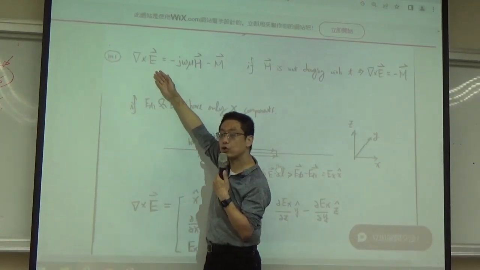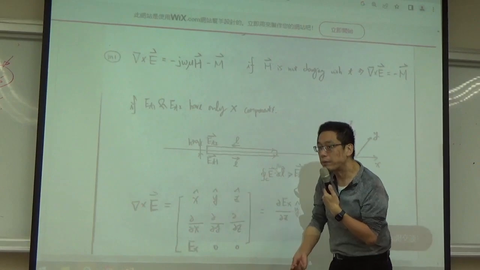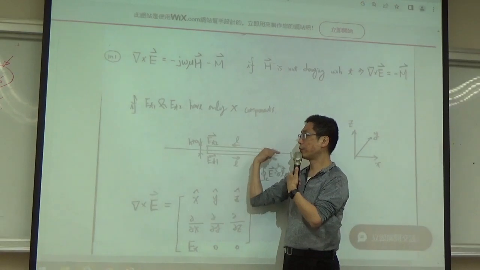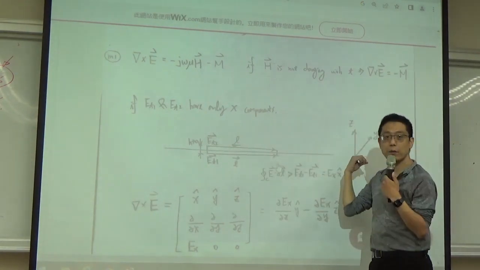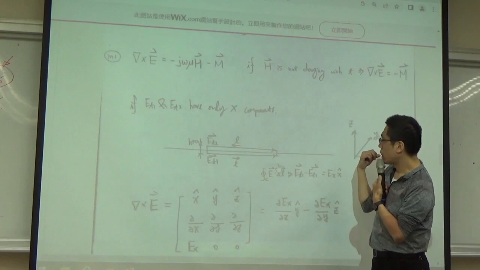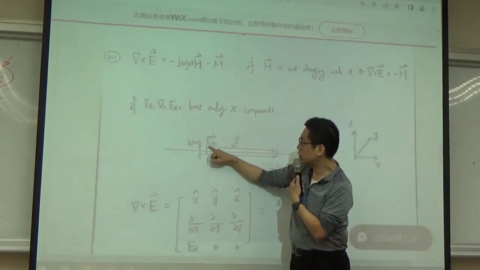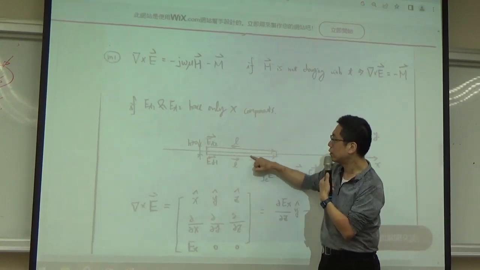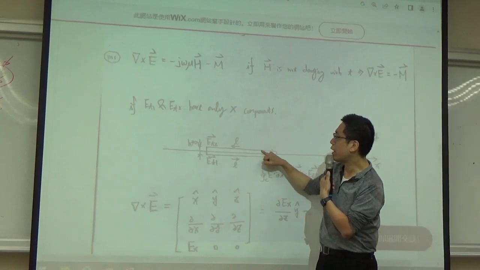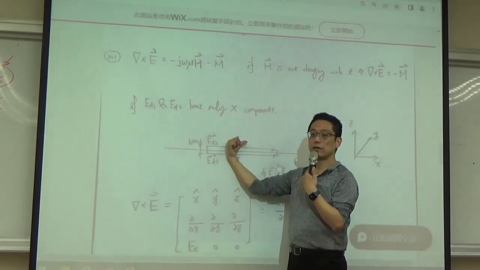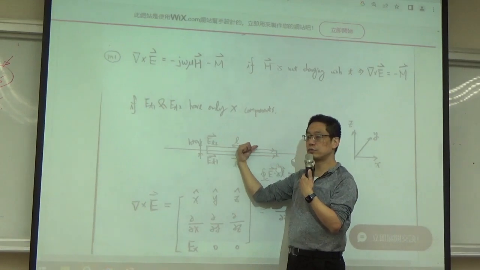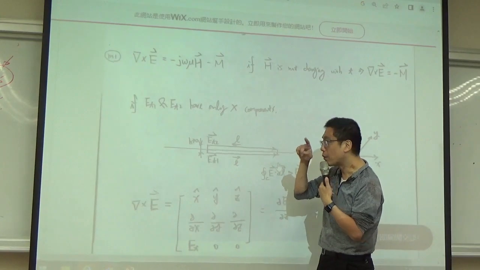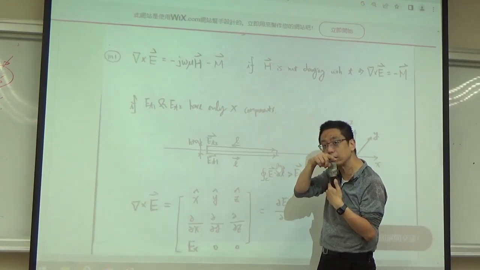Okay? And I try to write down an example if E is only in the X direction. Why? Because this is a condition: I integrate along a line here, so only E can obey this rule in these two directions. Only ET1 and ET2 have only an X component.